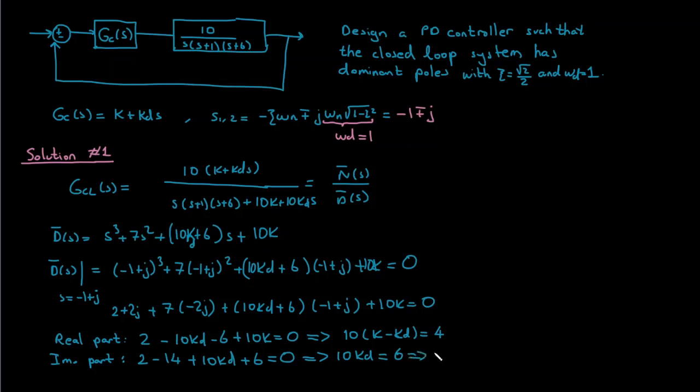So kd is 0.6, and 10kd is equal to 6. Then 10k is equal to 6 plus 4 equals 10. Then k is equal to 1. And from both of them, k is equal to 1, kd is equal to 0.6. So our controller is simply equal to k plus kd s, and that will be equal to 1 plus 0.6s.